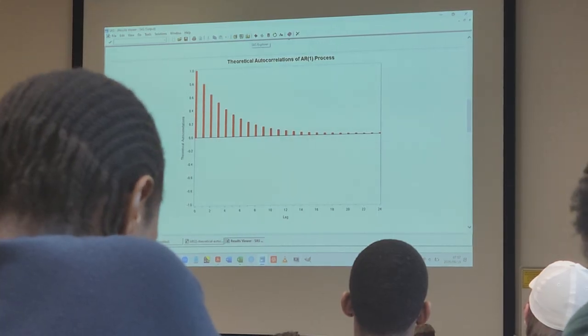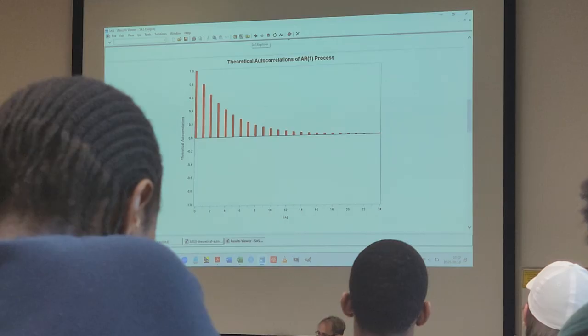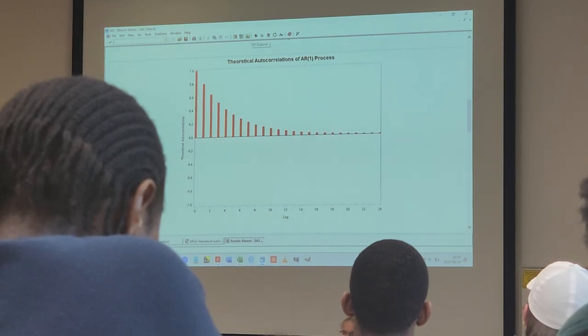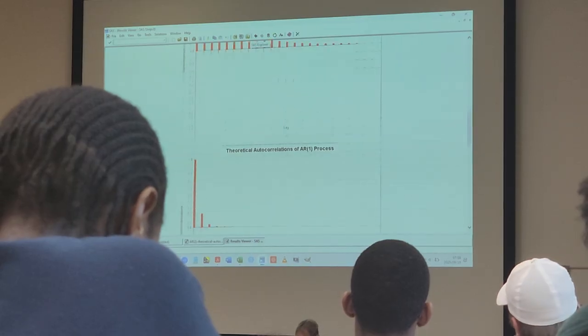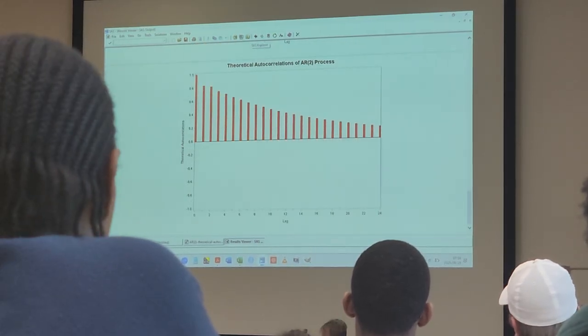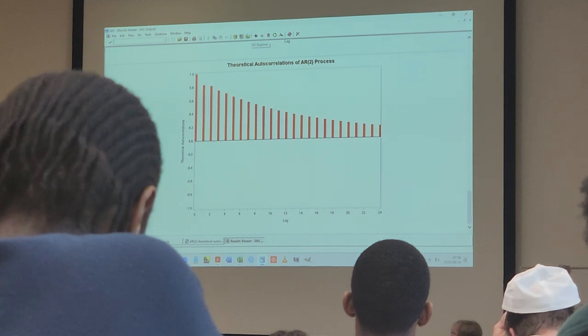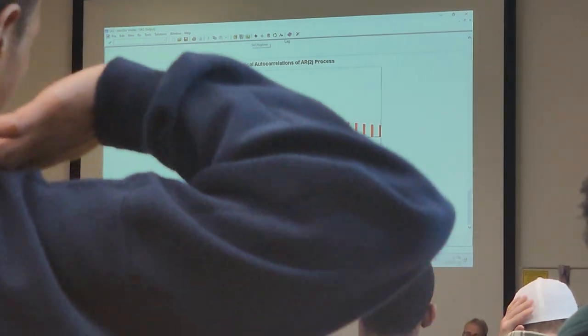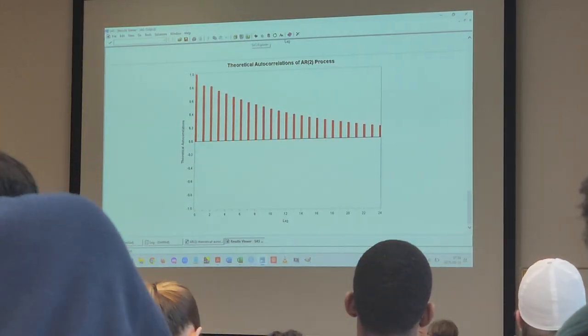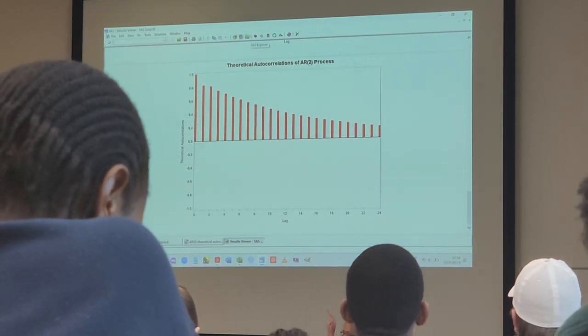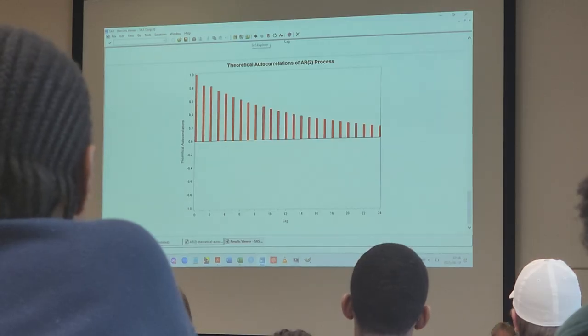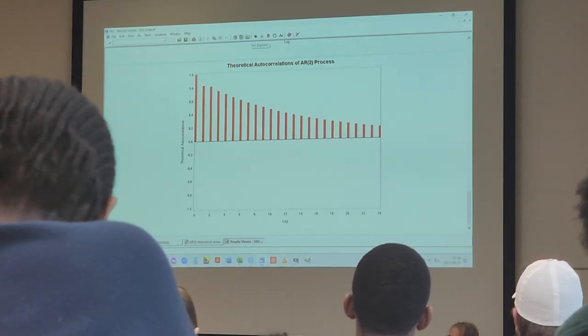So this is a slightly problematic case that we now have. Although we have two different models, AR1 and AR2, the theoretical autocorrelation pattern is very similar for this AR1 process and for this AR2 process. Here maybe the decay is a little bit slower. But what I'm trying to show you here is, remember, it's not just theoretical: for an observed time series, we cannot use the autocorrelations to identify the order of an AR model.